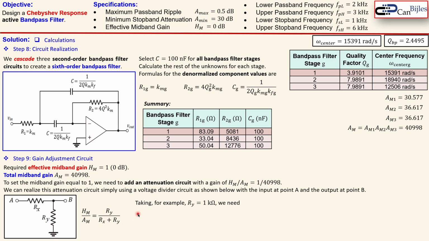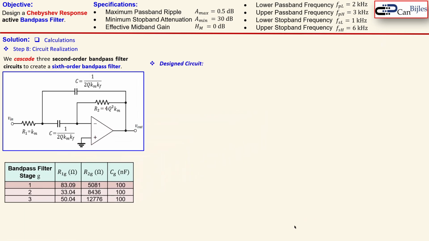So we just select Ry as 1 kilo ohm, another value will do also, and we will then calculate that Rx since we have the rest. So that will give you 40.998 or 41 mega ohm approximately. Okay, that is the final result for the components.